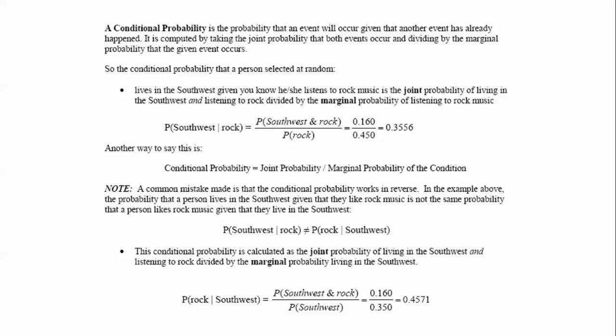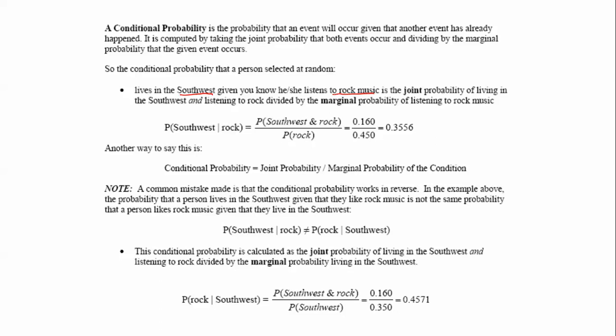So, the conditional probability: what is the probability that a person lives in the Southwest given that you know that she or he likes rock music? So, the rock music is the conditional event. The joint probability is the probability that a person lives in the Southwest and listens to rock music.